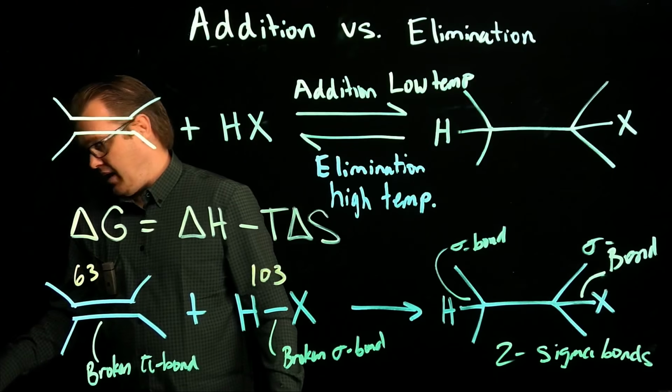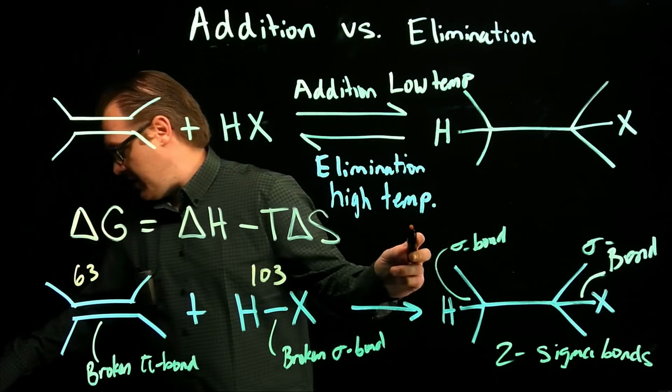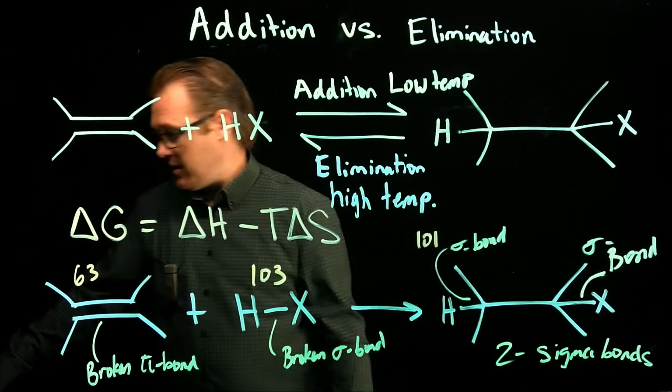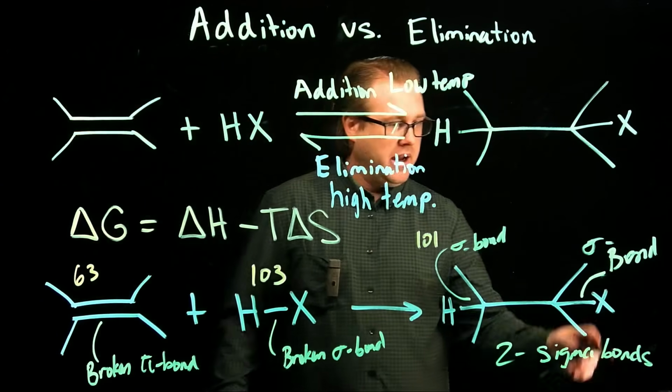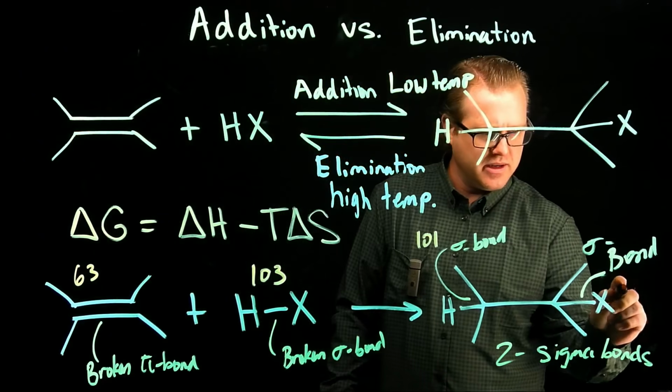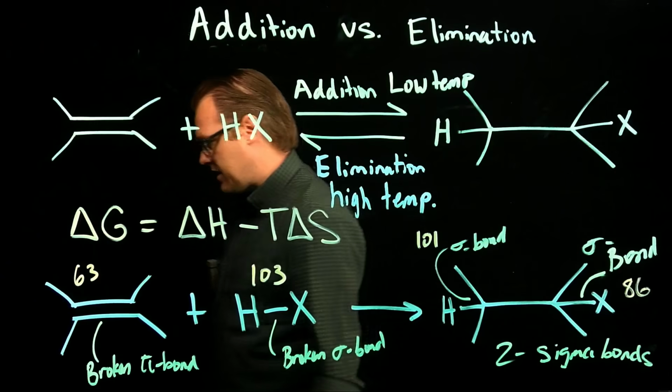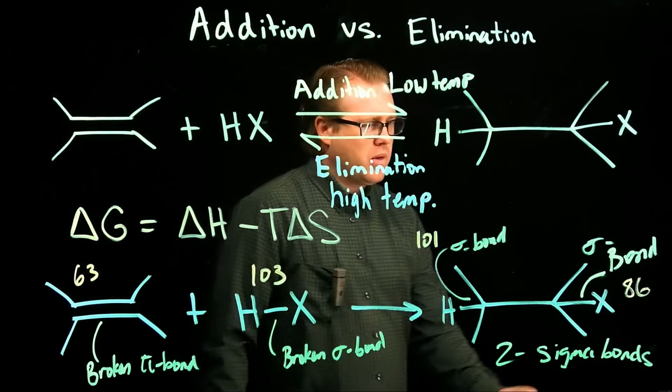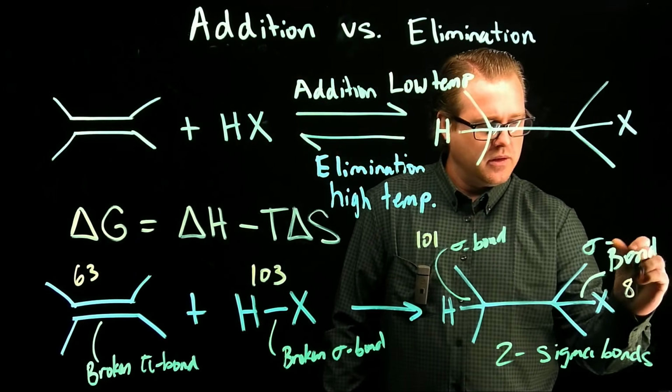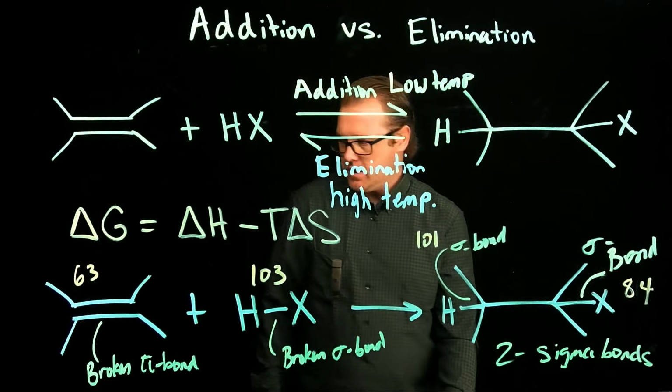Forming a carbon-hydrogen bond is 101, and forming this halogen-carbon bond is 84.